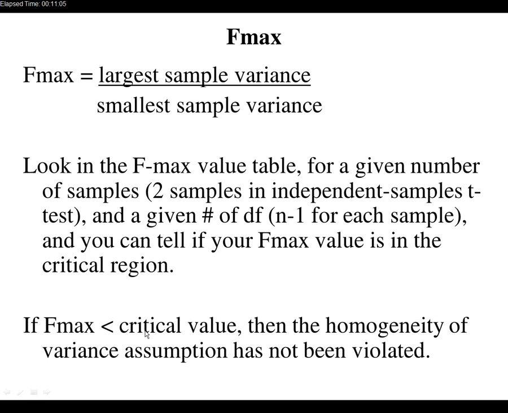Okay, if the Fmax is less than the critical value, then the homogeneity of variance assumption has not been violated. And of course, where are we going to do this? We're going to do this in SPSS, so we're going to know immediately if the homogeneity of variance assumption has been violated or not, because SPSS is going to look in the Fmax table in its little SPSS brain.